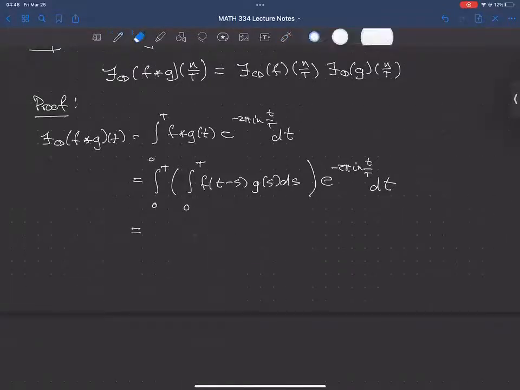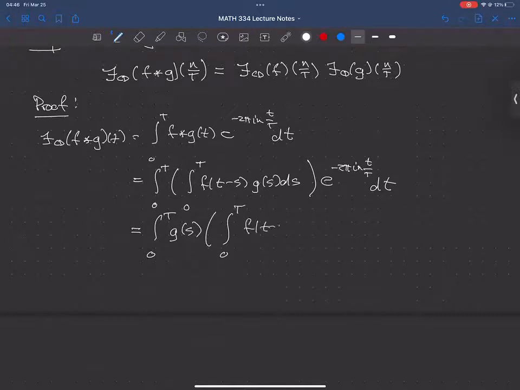I'm going to swap the order of t and s, and then g with respect to the integral in t is constant. So I get the integral from 0 to T of g of s times the integral from 0 to T of f of t minus s, e to the minus 2 pi i n t over T dt ds.